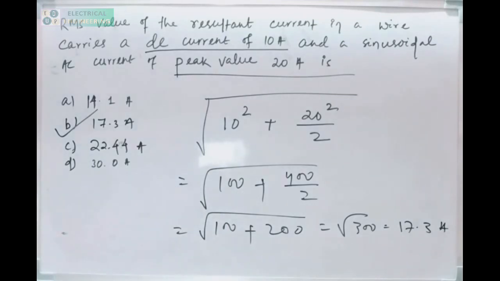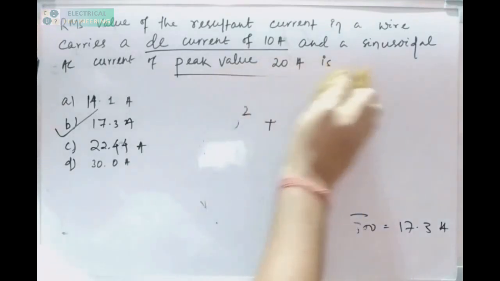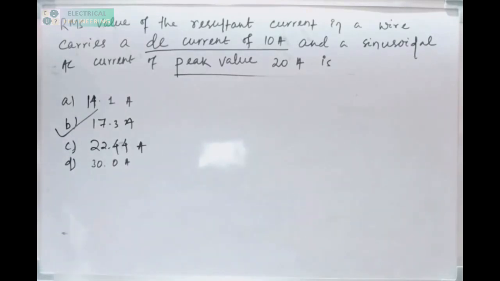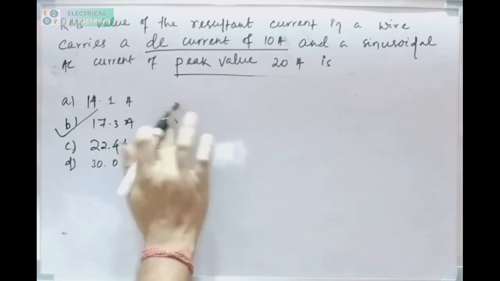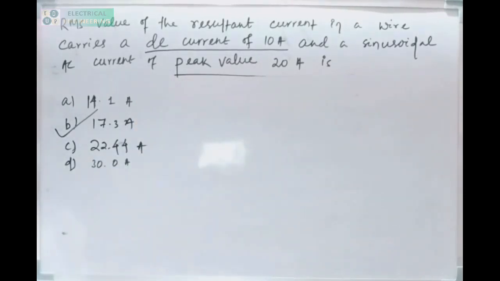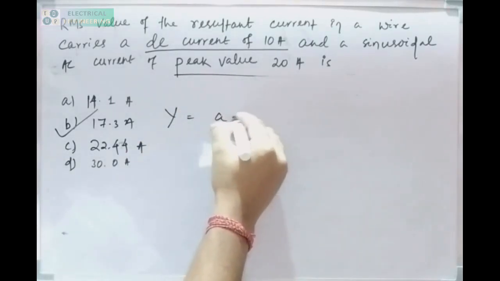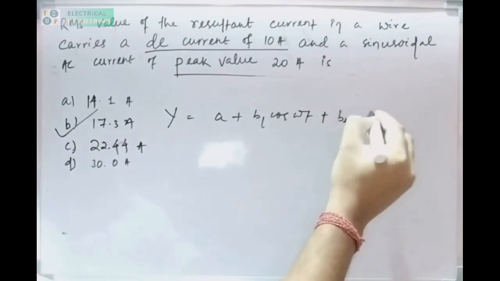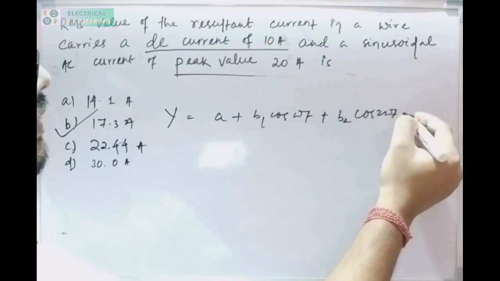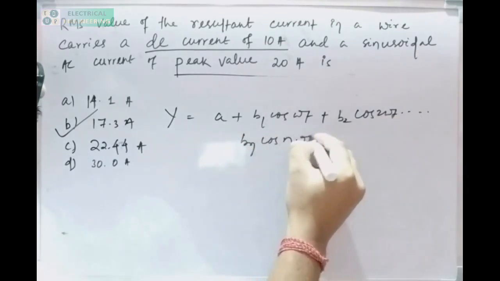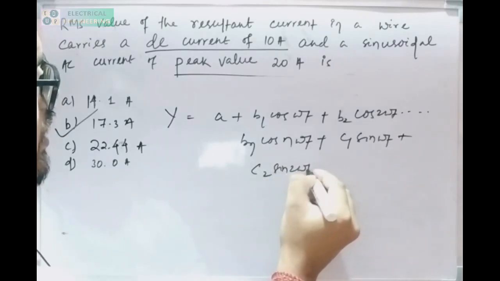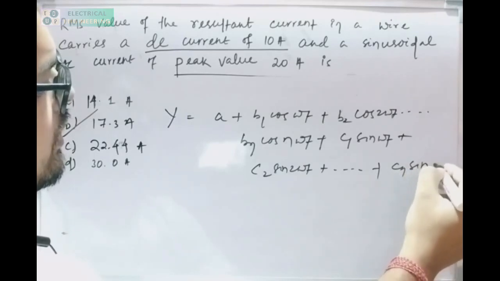The formula was, for an AC signal, let Y equal A plus B1 cos omega t plus B2 cos 2 omega t up to Bn cos n omega t plus C1 sin omega t plus C2 sin 2 omega t up to Cn sin n omega t.